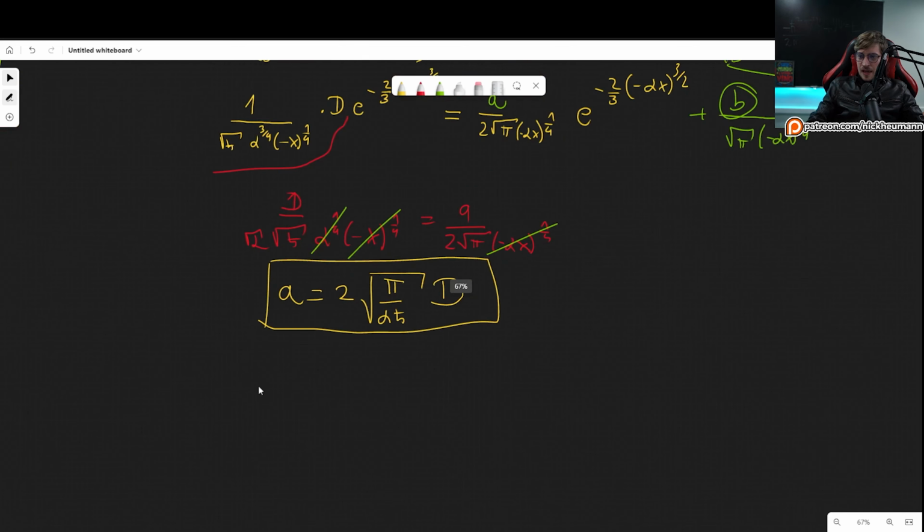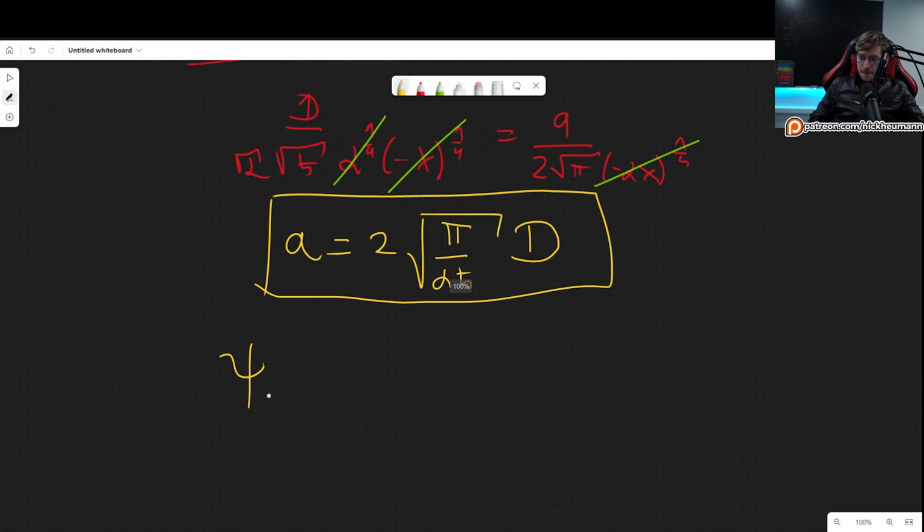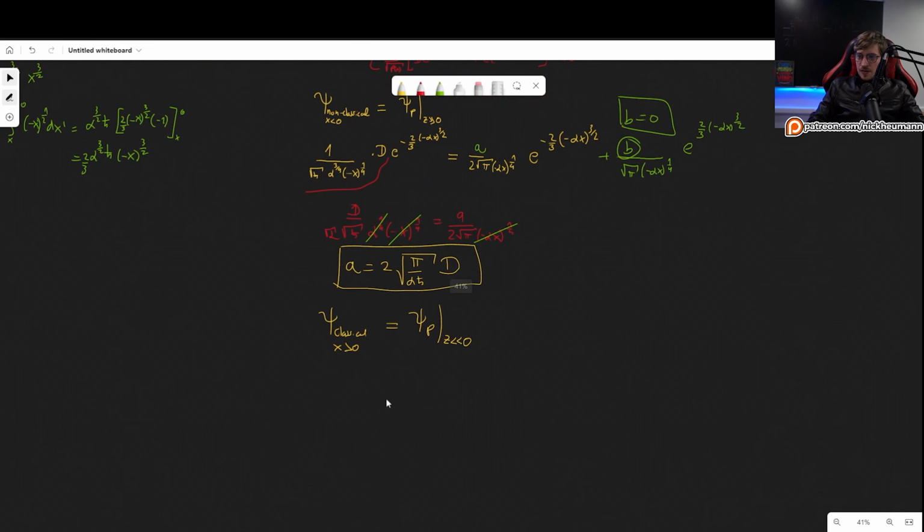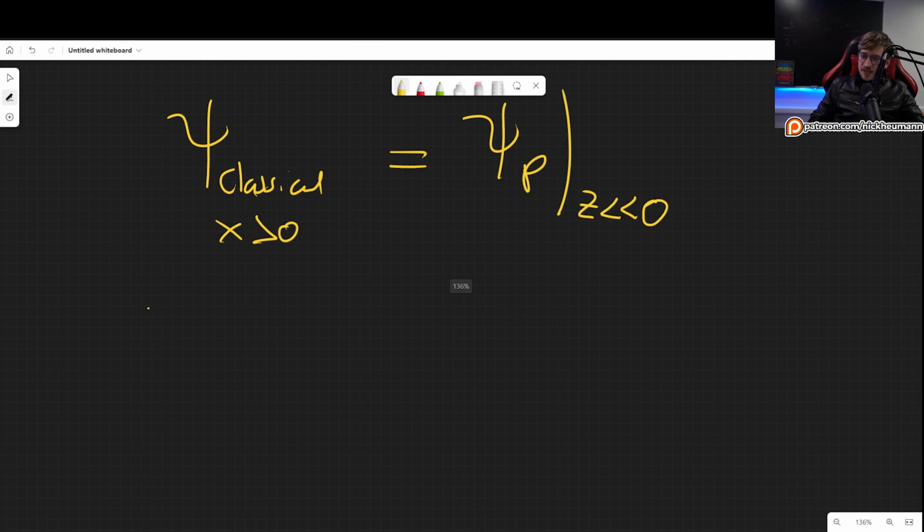So basically now for psi classical, which is when x is greater than 0, we want this to be equal to the patching wave function evaluated, but now if x is positive, this is when z is very, very large and negative. So in that case, let's now write down what our wave function is.